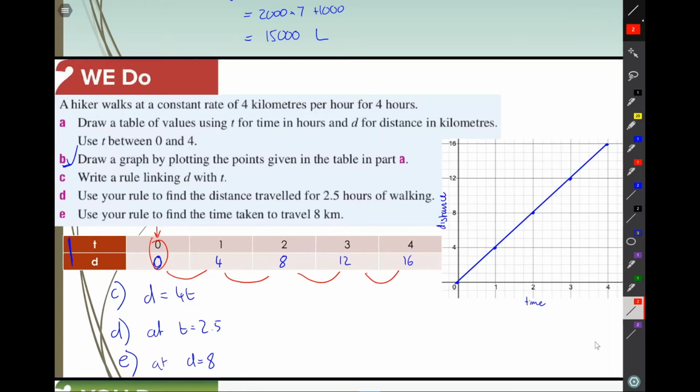So if we want to find the distance travelled in 2.5 hours of walking, we can come over here to 2.5 hours, go up to our line, and then go across. And it seems that the distance walked in 2.5 hours is 10 kilometres.